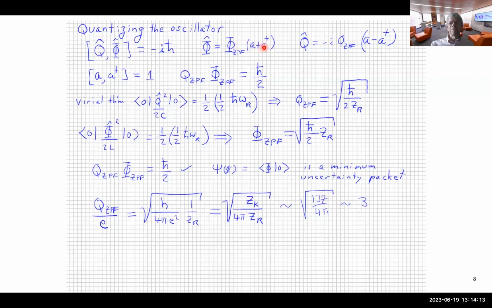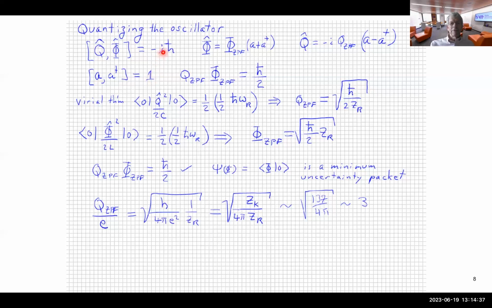That's the position. And the momentum is minus i times some characteristic uncertainty in the momentum times A minus A dagger. We need the i to make this Hermitian. And these raising and lowering operators just have the usual commutator: the commutator of A and A dagger is 1.